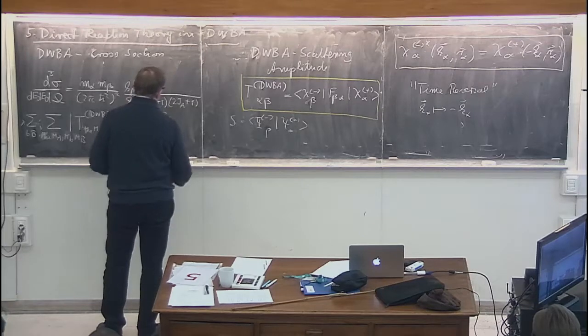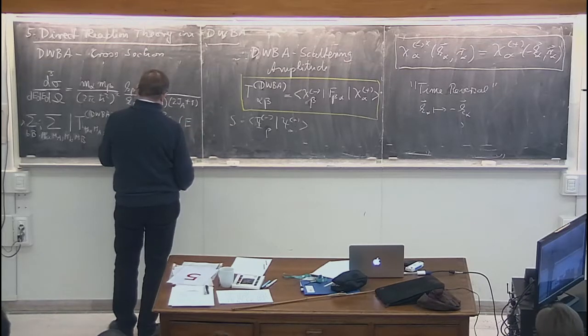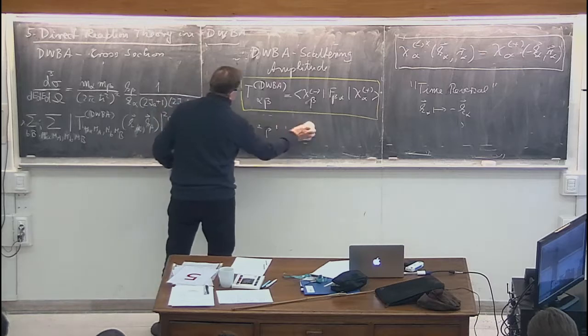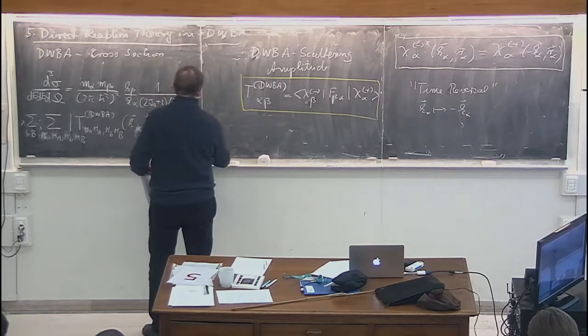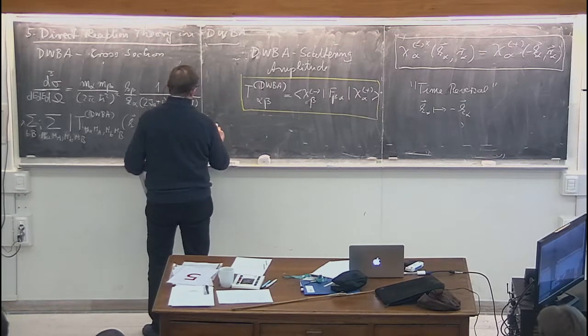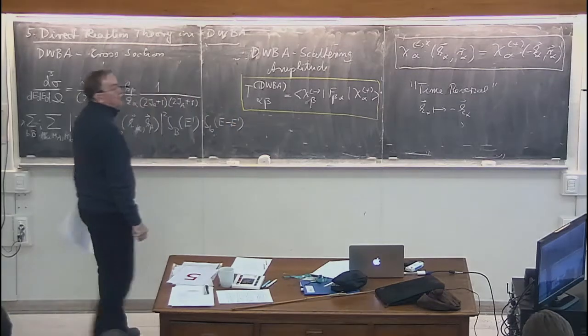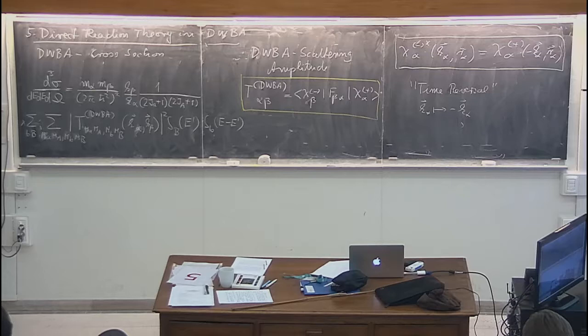Then I have an energy distribution per MeV in the final nucleus of the target-like object. And I have an energy distribution in the projectile object. I have to split up the total energy transfer E in an energy-conserving manner.